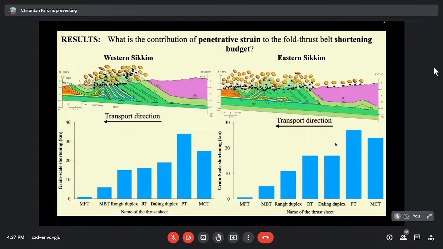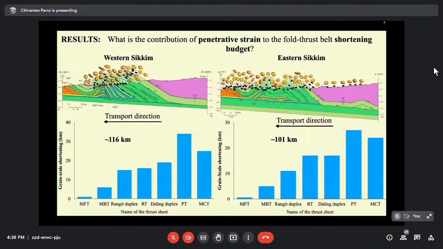There are 2 points I'd like to mention here. Number one, the grain scale shortening is decreasing from the internal thrusts to the external ones. And I have estimated approximately 101 to 116 kilometers of grain scale shortening from the exposed thrust sheets.